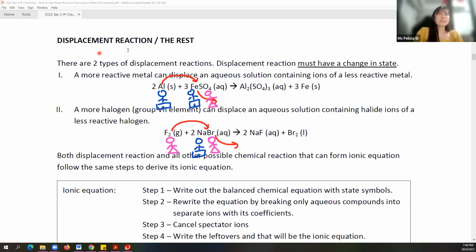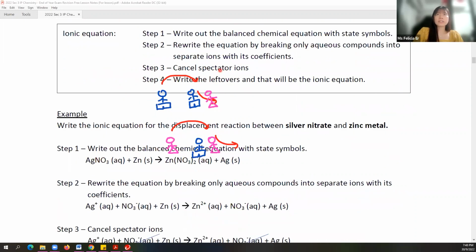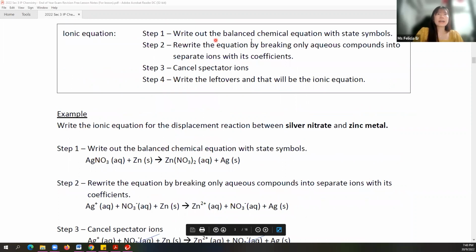For displacement reaction, as well as all other kinds of chemical reaction, the method for writing the ionic equation is what you have already learned in school before. First, you have to write out the balanced chemical equation with state symbols, because you need state symbols to deduce the ionic equation. Then you have to rewrite the chemical equation into ions.